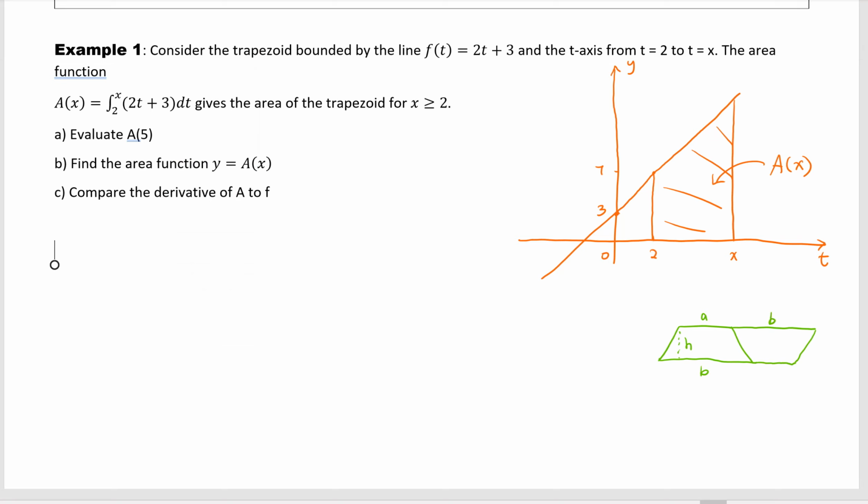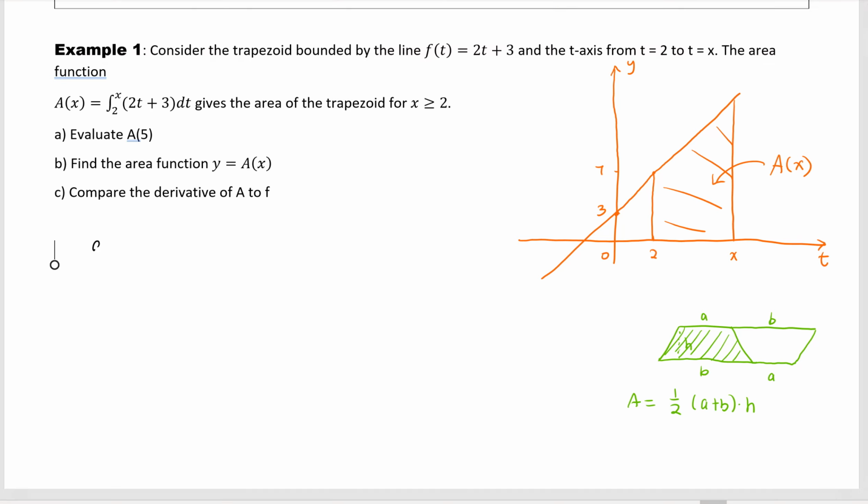So then this is b, this is a. What do you get? You get a parallelogram. So a trapezoid is half of a parallelogram. The parallelogram has base a plus b and height h. So this is the area of the trapezoid. So far, so good?